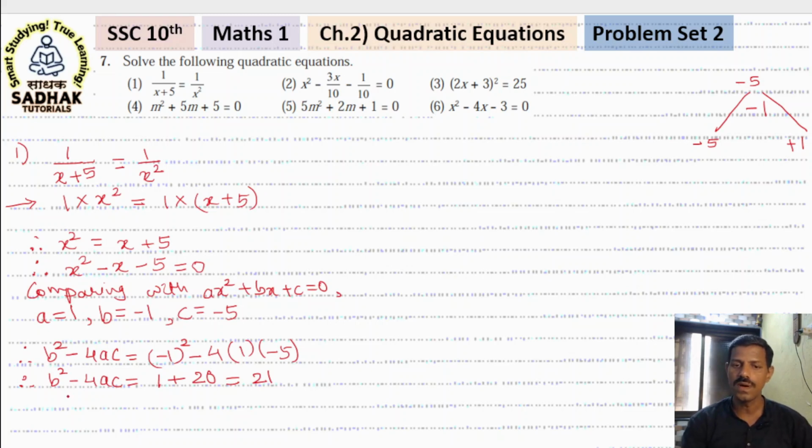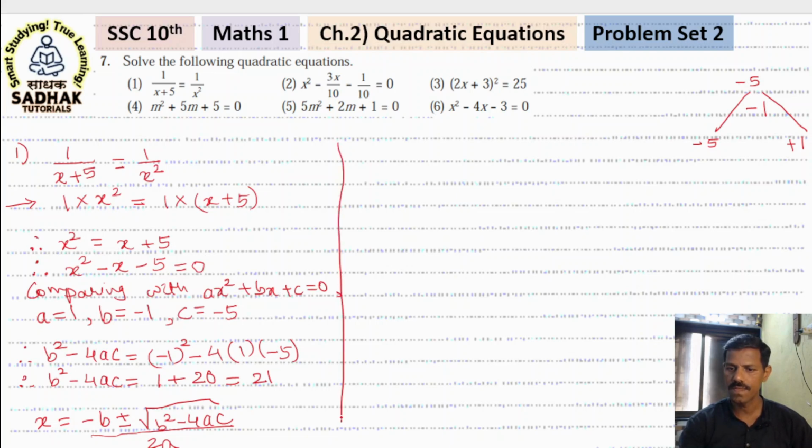So now we will use the formula. The quadratic formula is x is equal to minus b plus or minus under root b square minus 4ac, divided by 2a. This is the formula that we use. Let us put the values.